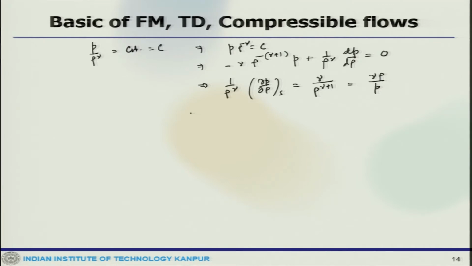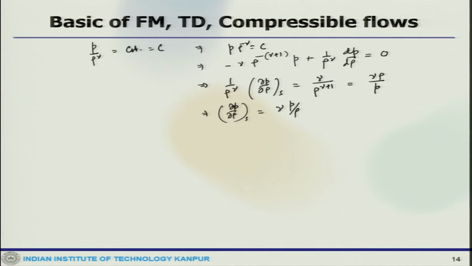So, what we get from here is that del P by del rho, which we get for an isentropic process, is gamma P by rho.